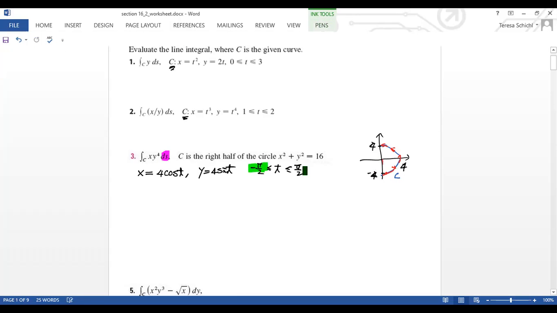That's the first thing we need to be careful about: how to define the t range.